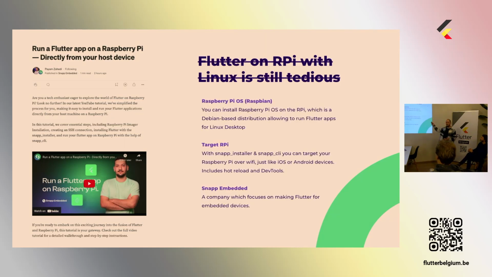How this actually works is it's just using the Raspberry Pi OS, which was previously known as Raspbian, which is just a Debian distribution. It runs that on the Raspberry Pi and runs Linux Flutter apps on there.